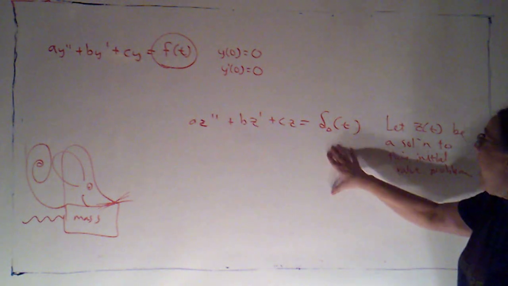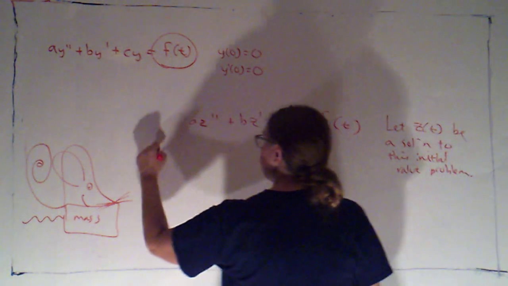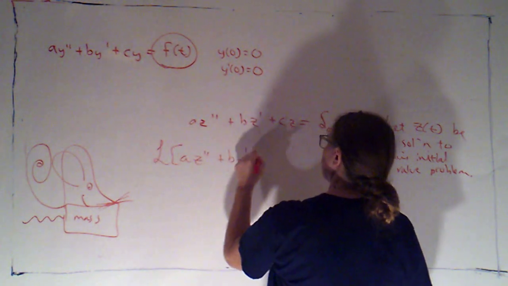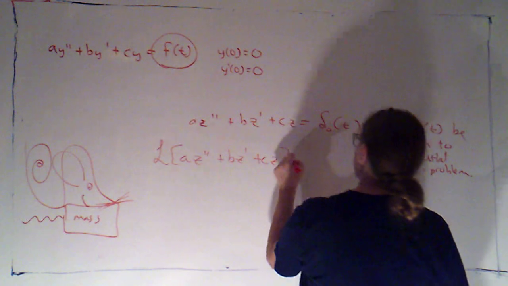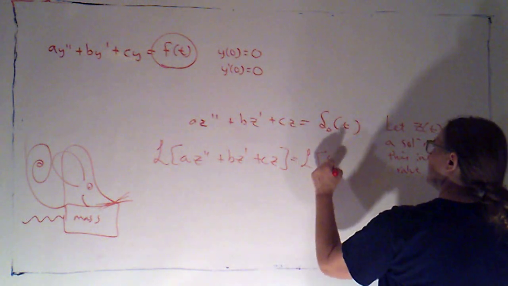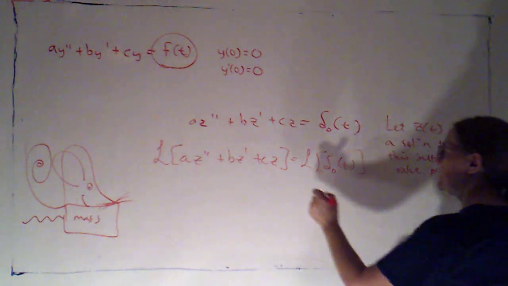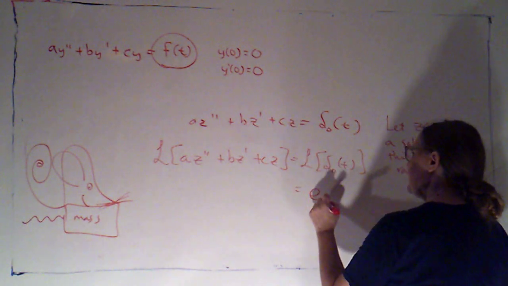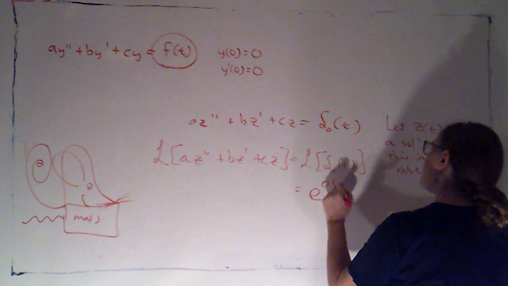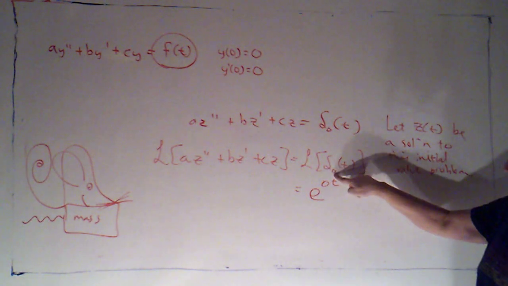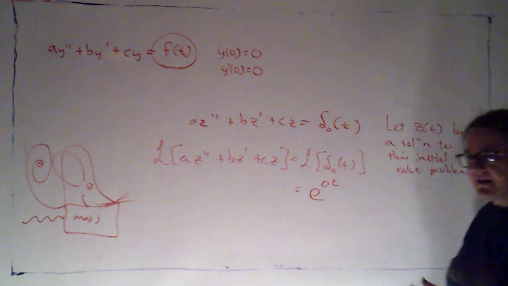All right, so I'm going to take the Laplace transform of both sides. And the Laplace transform of the Dirac delta function is e to the 0 times t. Whatever that number is, I think it's a negative.